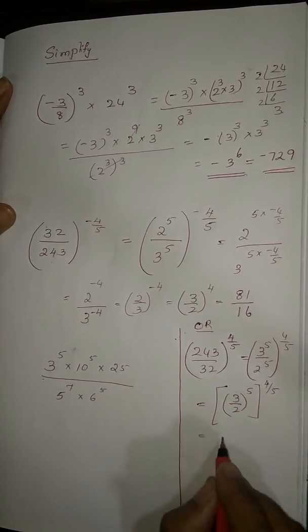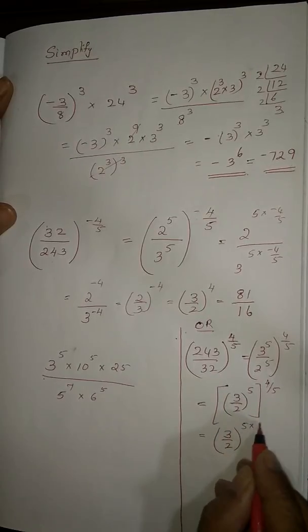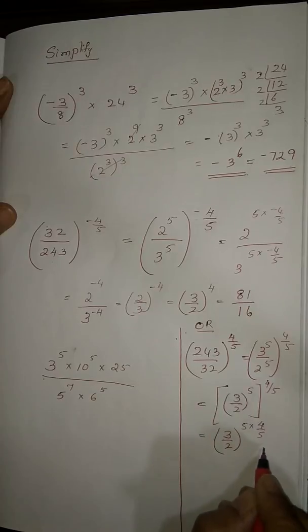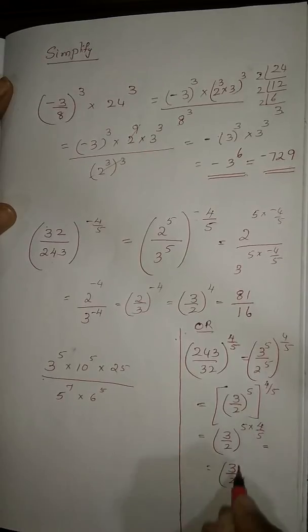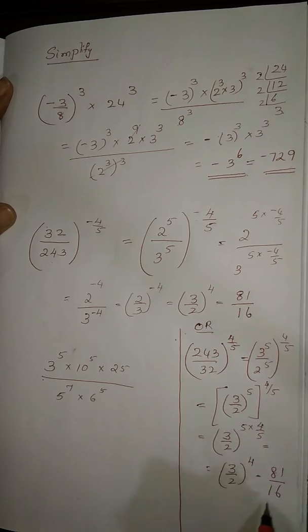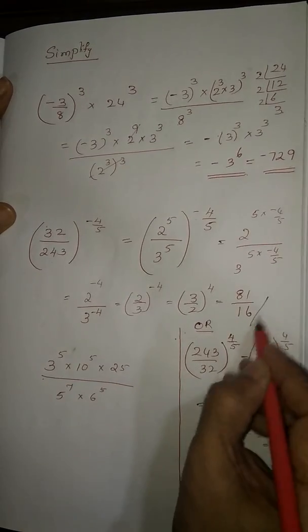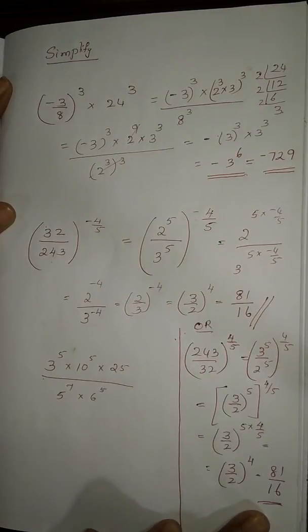So this is equal to 3 by 2 to the power of 5 into 4 by 5. So the 5 and 5 will get cancelled. So this is equal to 3 by 2 to the power of 4. That is equal to 81 by 16. The same answer we got here. This is a much easier method to do.